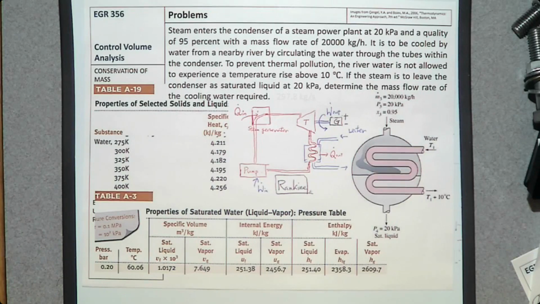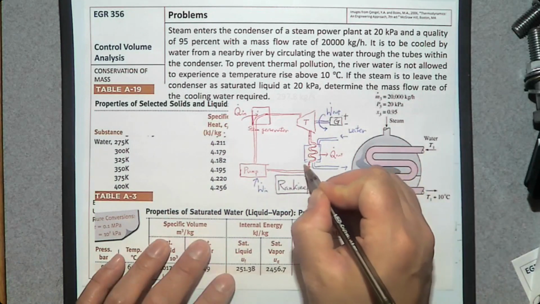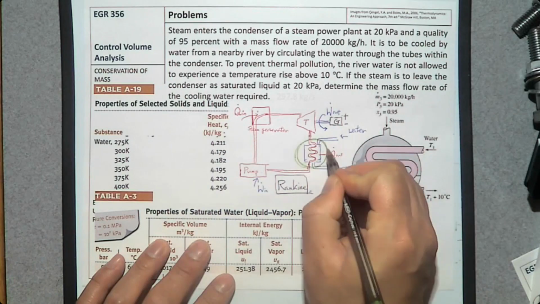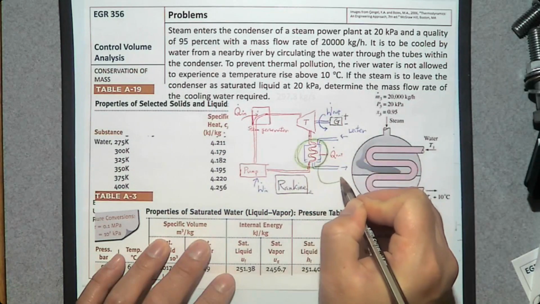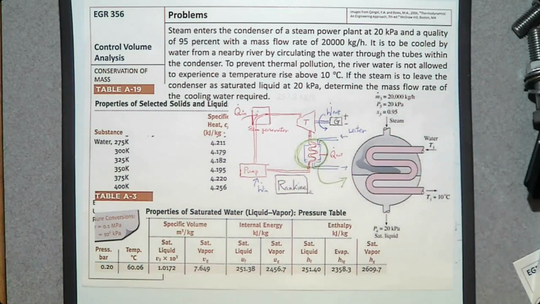And what we study here, this heat exchanger, is this condenser. You can see this steam enters this condenser. That steam is from this turbine, so you can see the pressure is very low. After the expansion, the pressure is only 20 kilopascal.